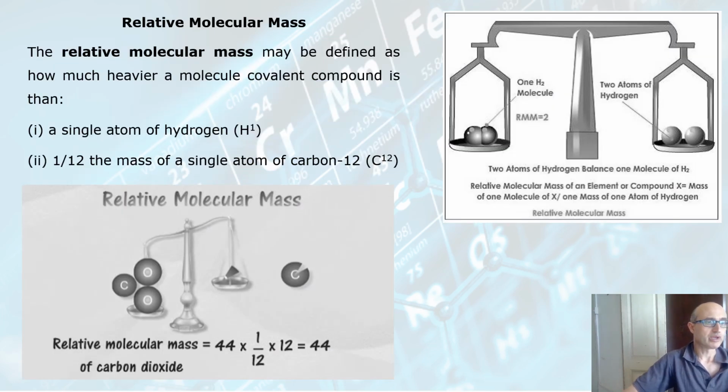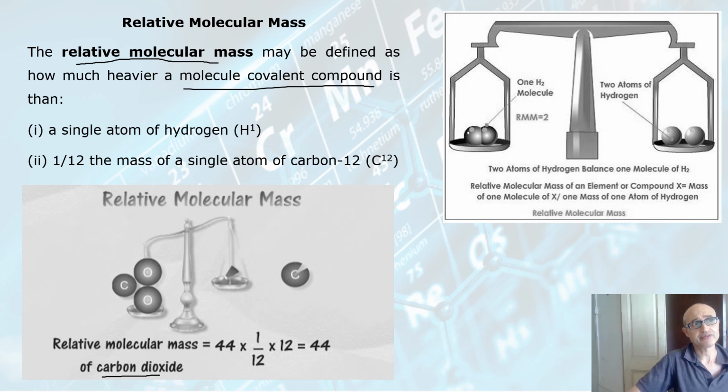So the relative molecular mass, as you should definitely know at this stage, may be defined as how much heavier a molecule, a covalent compound, is. That's why it is a molecule, a covalent compound. In this slide, I've referred specifically to carbon dioxide, which is CO2.